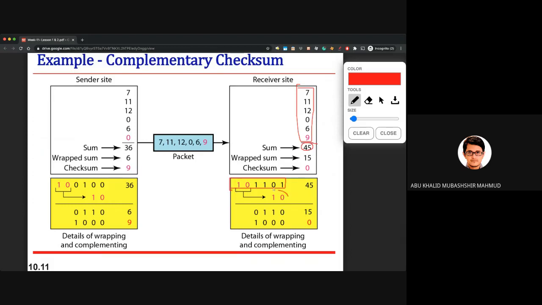If we add the extra bits, 10, we get 15, which is the binary representation of 15, and when we complement it, we get all zeros, so the final checksum on the receiver side is 0.